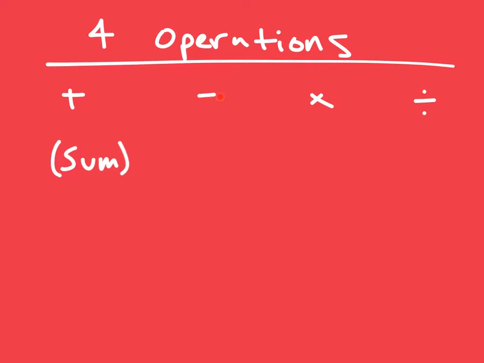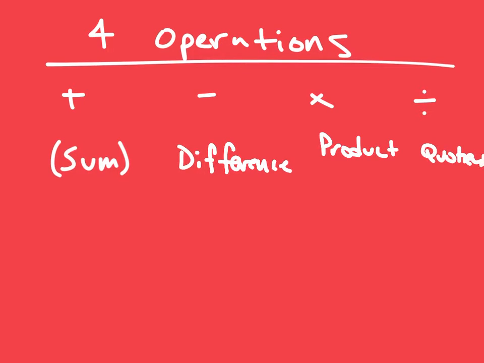If I am subtracting 2 numbers, I also use the word difference. If I am multiplying, I use the word product. And if we're dividing, I use the word quotient. All right? So all of these words, sum, difference, product, quotient, are associated with addition, subtraction, multiplication, and division.